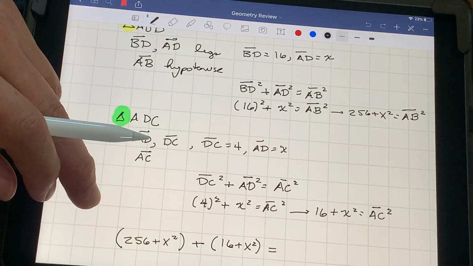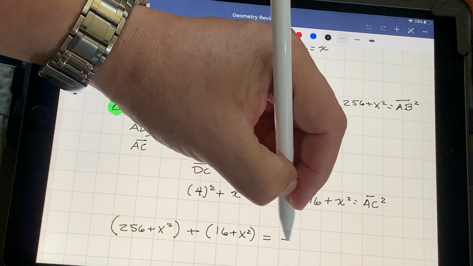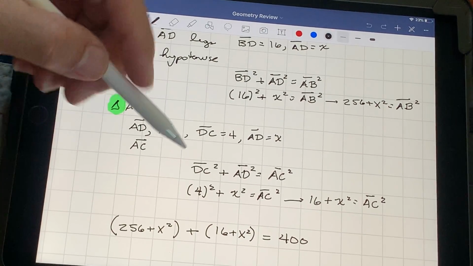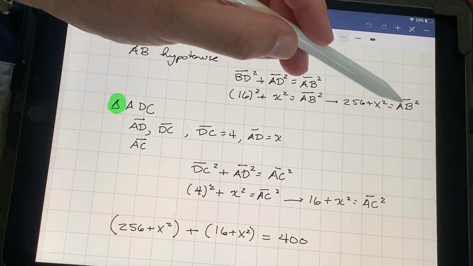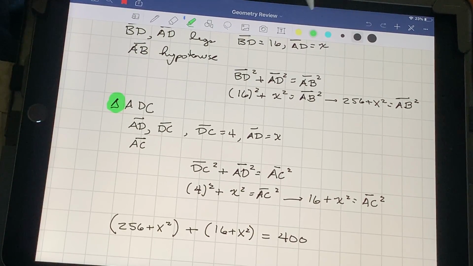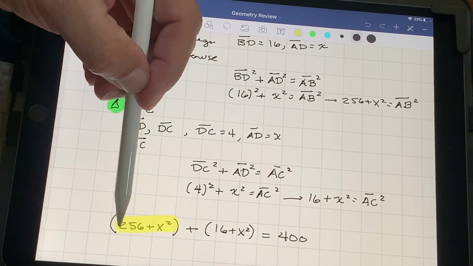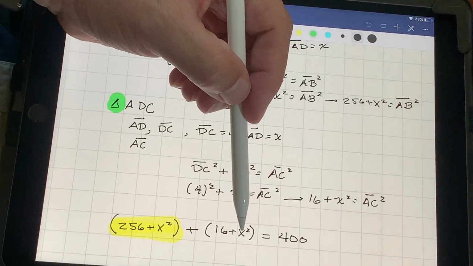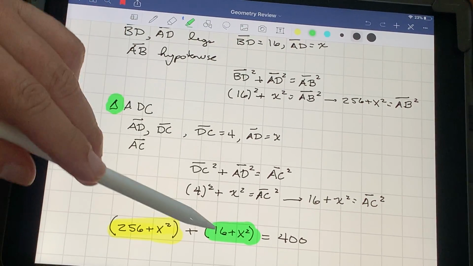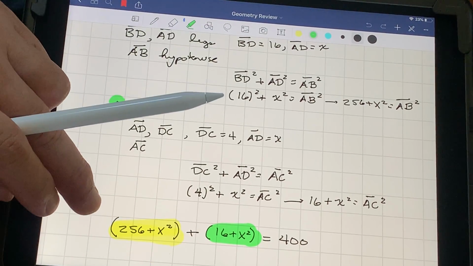And that will equal, we already had 20 squared, so now we know that it's 400. So we have AB squared here. So let's highlight it so that we can identify it properly. AB squared plus AC squared, so you can see where the formula came from, and that equals 400.